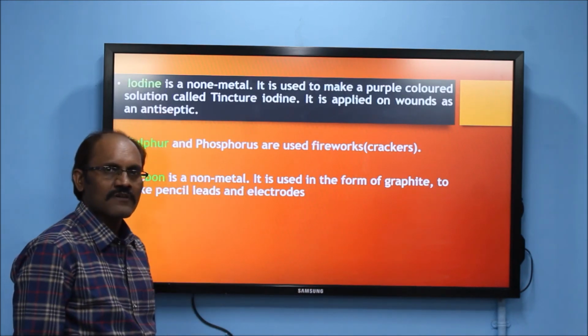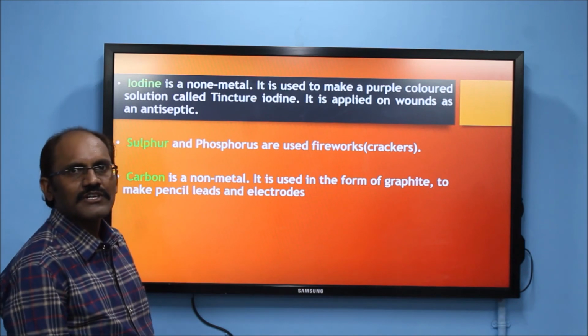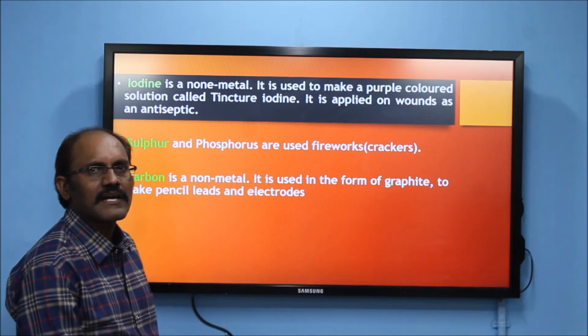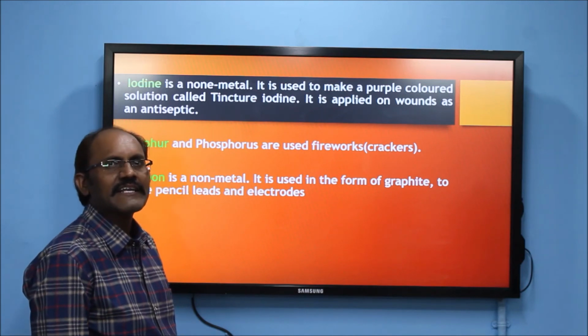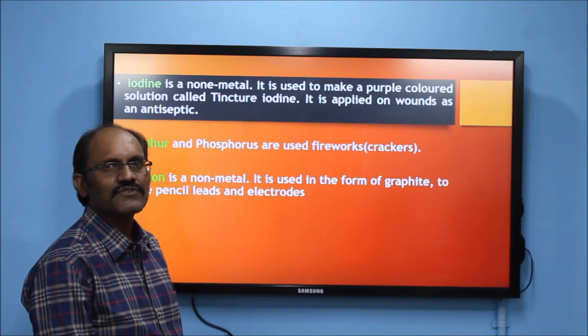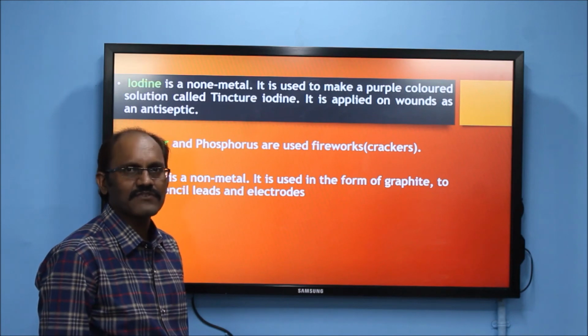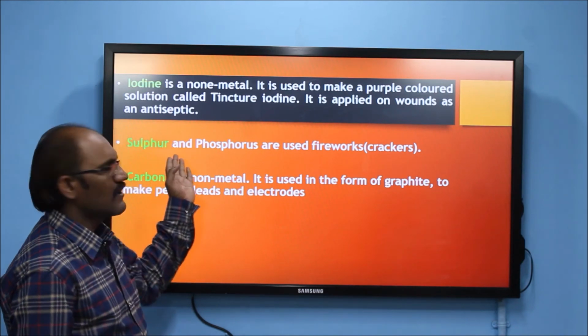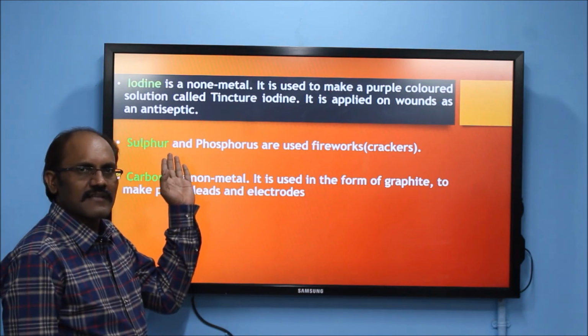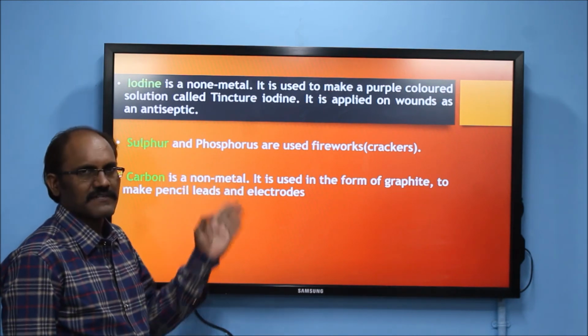Iodine is another non-metal. It is used in making a purple colored solution called tincture iodine. Tincture iodine is used as an antiseptic solution on wounds. Another example of non-metal, sulfur and also phosphorus.